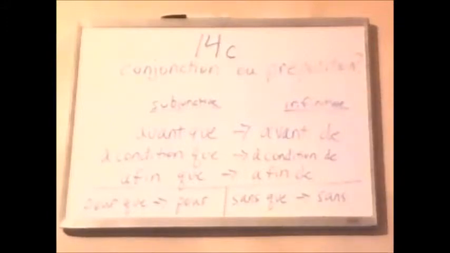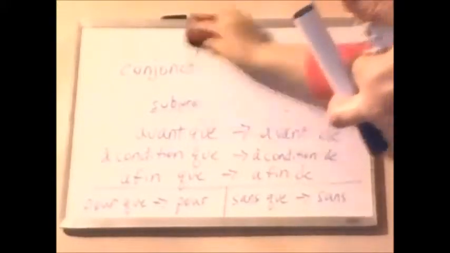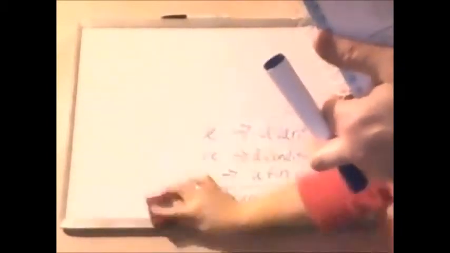Okay? If you turn the page, there is a box that shows you a list of conjunctions that do not have a preposition. And what that means is that you have to use a subjunctive even if the subject is the same with these particular conjunctions. And that is pourvu que, bien que, quoique, and jusqu'à ce que. The reason comes down to grammar.